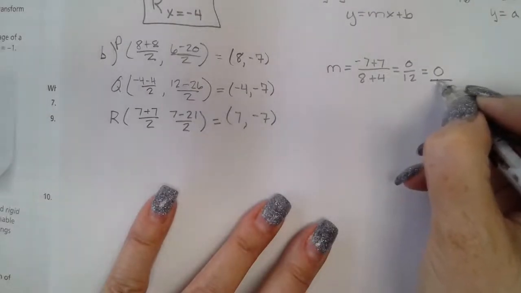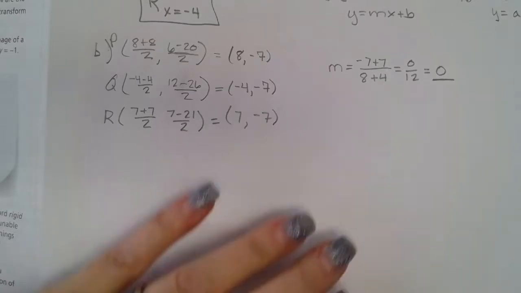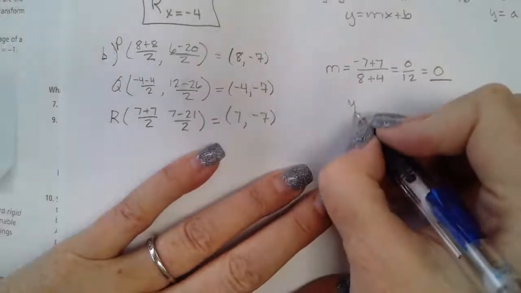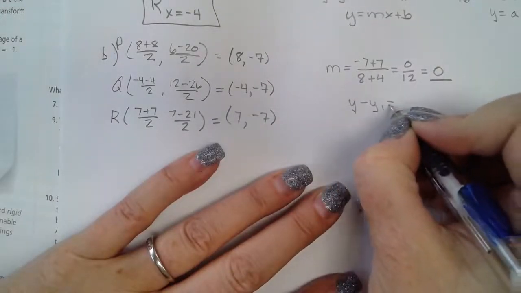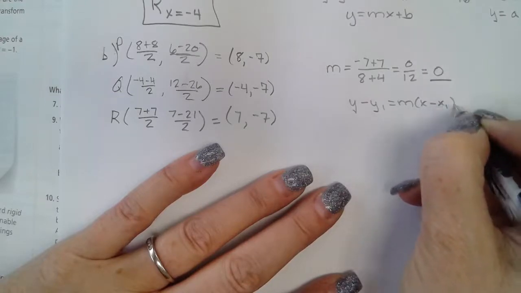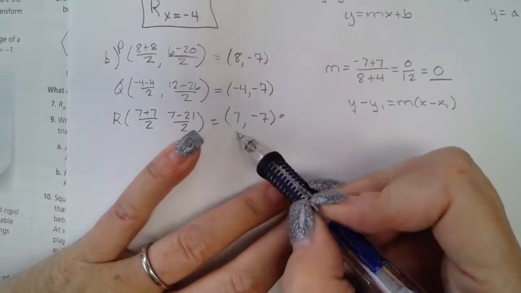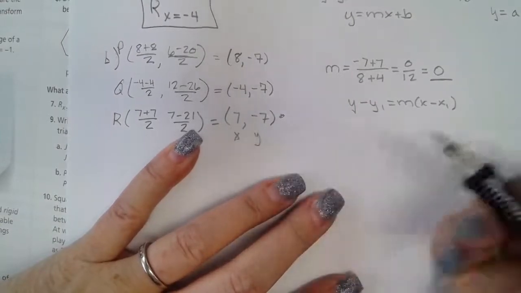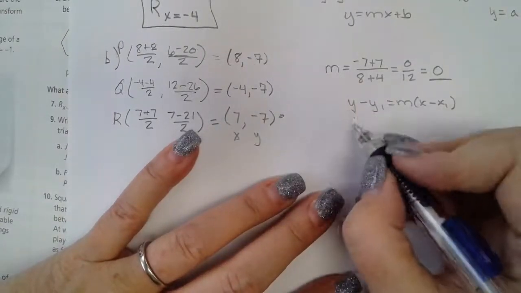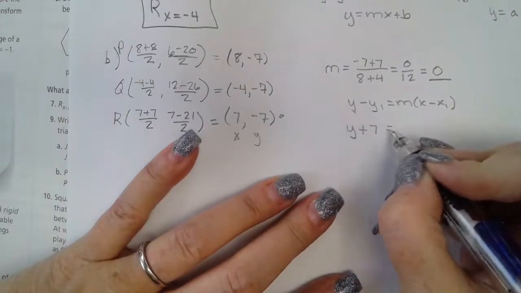We could just skip to the equation, but I want to go through and write it and practice it one time together. Okay, so we're going to use y minus y1 equals m times x minus x1. We'll use this point for my x and my y since we didn't use it for the slope. We won't make it feel bad. So y minus a negative 7 equals 0 times x minus 7.